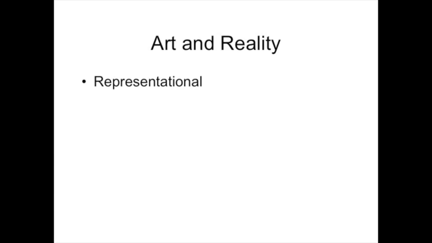So if you have a piece of art that represents, in a way, something else, whether that be a very realistic looking visual copy of something, or if the appearance of something has been changed for some reason, we refer to that as representational art. So representational art represents something visually.